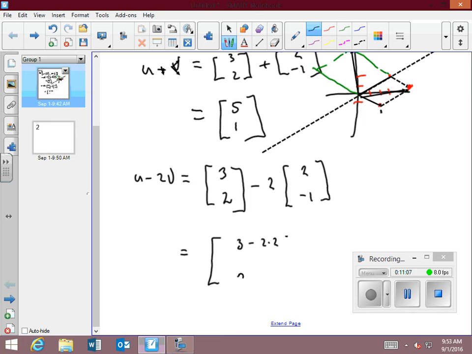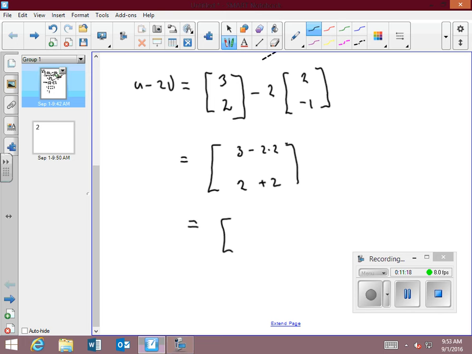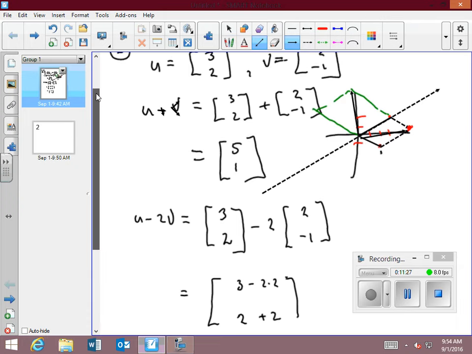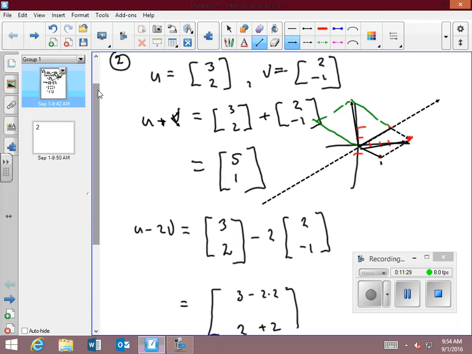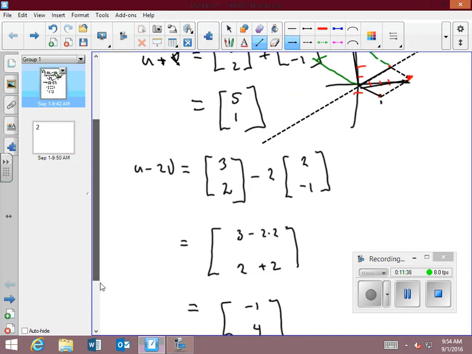The bottom one's going to be 2, minus 2 times a minus 1 is a plus, right? 2. So my new vector should be minus 1 and 4. Not too good of a diagram, but that's what it would represent.